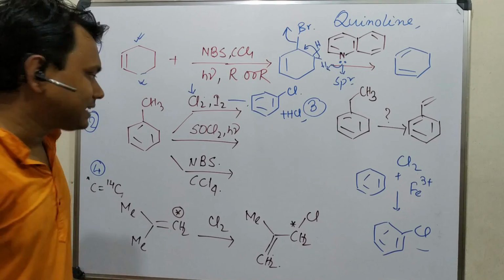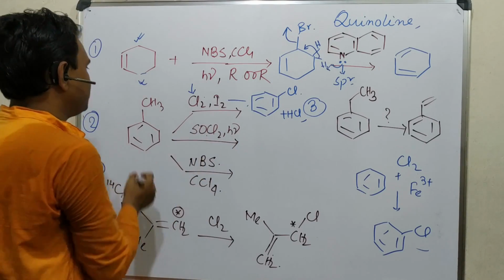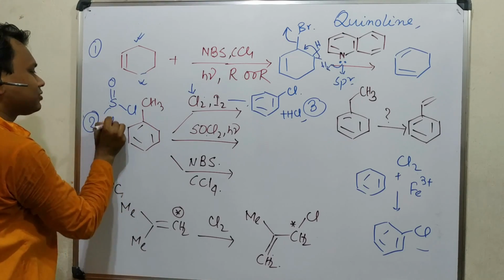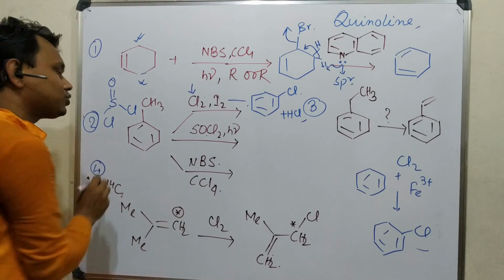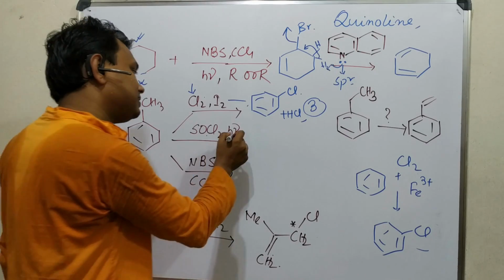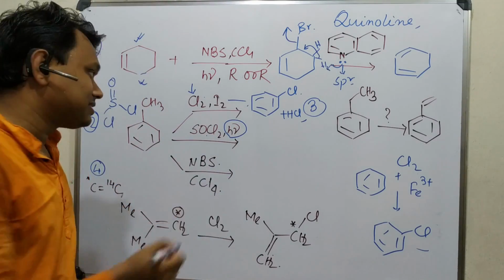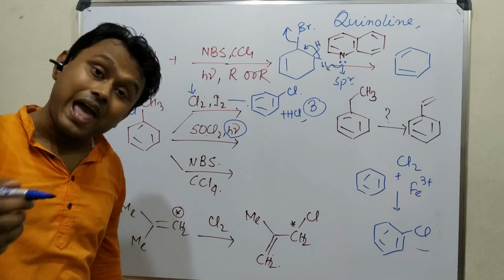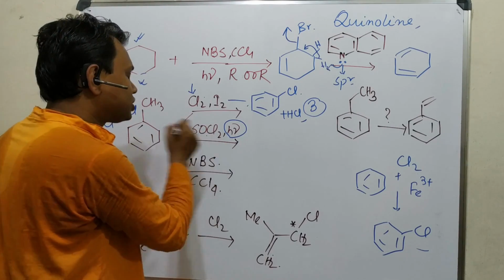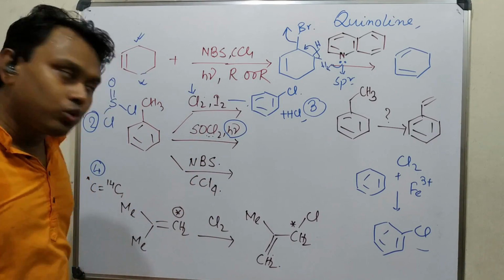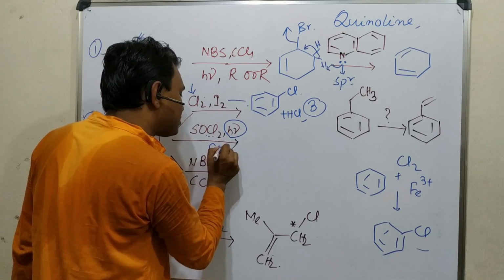In the next example, it is thionyl chloride and light. Thionyl chloride looks like this. I have told that this is also a chlorine radical source under radiation conditions. You can consider thionyl chloride as a reagent for allylic chlorination. It will act as a Cl dot producer.